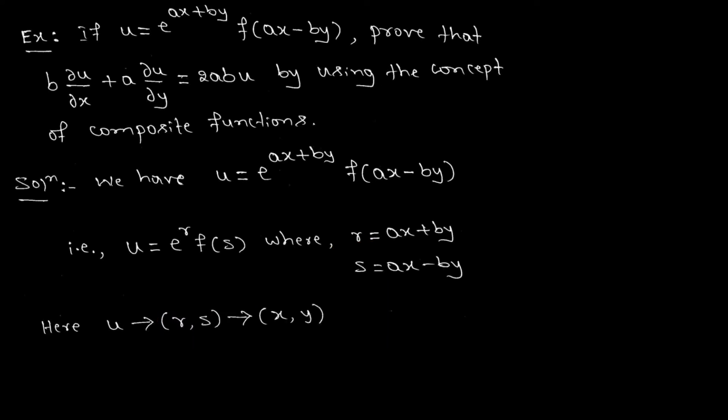So therefore, to find dou u by dou x, we need to use the concept of total derivative here. We need dou u by dou x and dou u by dou y.